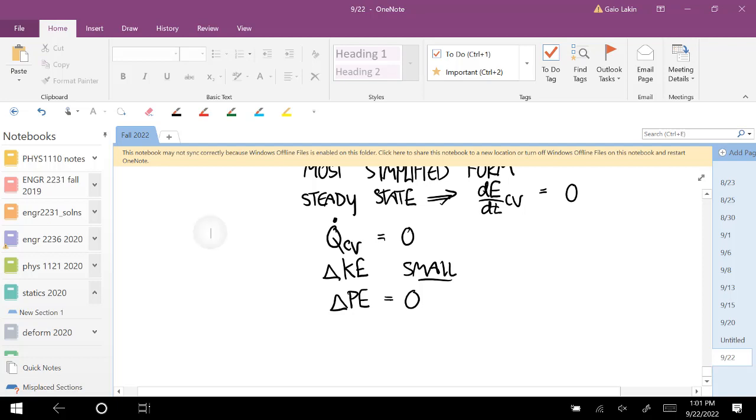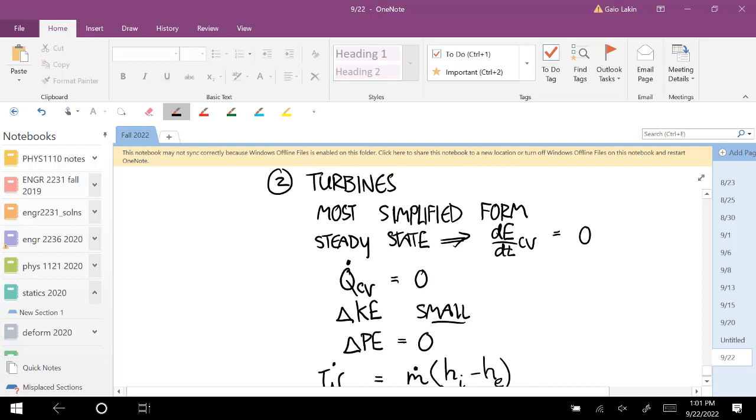And so you get a form that says W dot for the control volume is equal to m dot times hi minus he. And so actually, steady state gives you that dE dt is equal to 0.